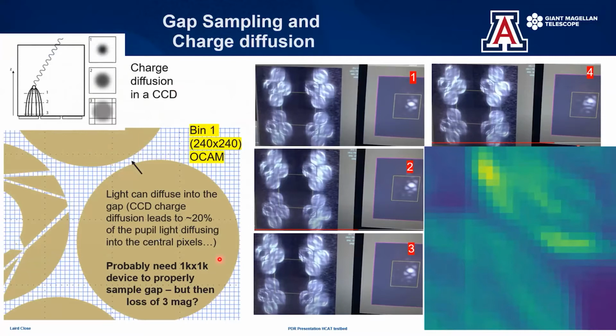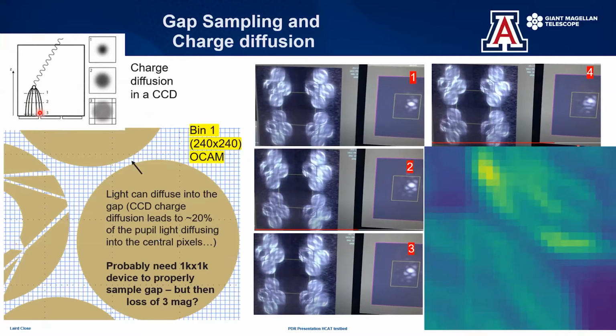One of the reasons we felt that even in low turbulence, we were having trouble closing the loop is charge diffusion on the CCD itself. We're using an OCAM2 unbinned 240 by 240. And of course, CCDs don't really have pixels. There's no such thing as a pixel to a CCD. It's a slab of silicon. And of course, the photoelectrons themselves will diffuse through the slab of silicon.